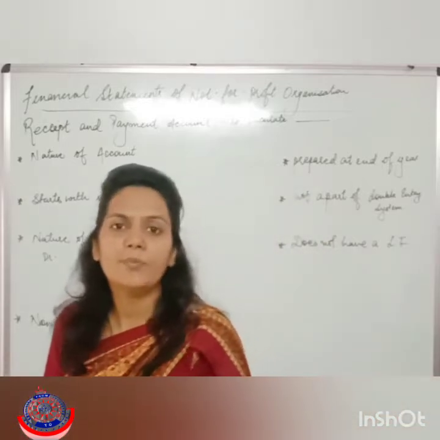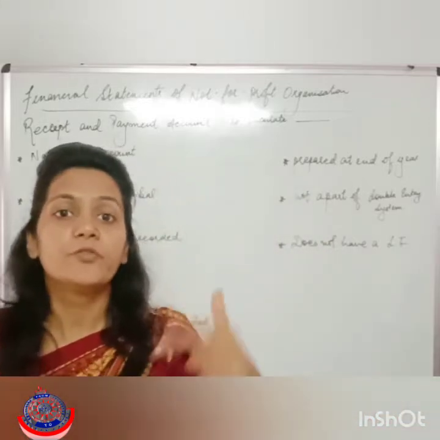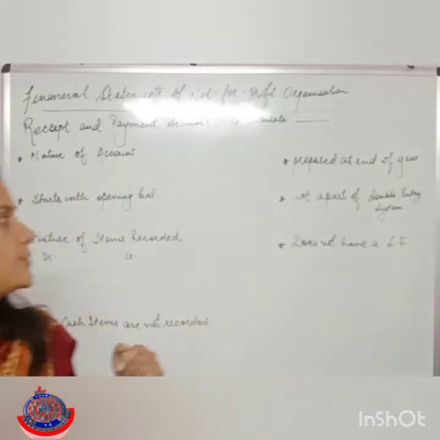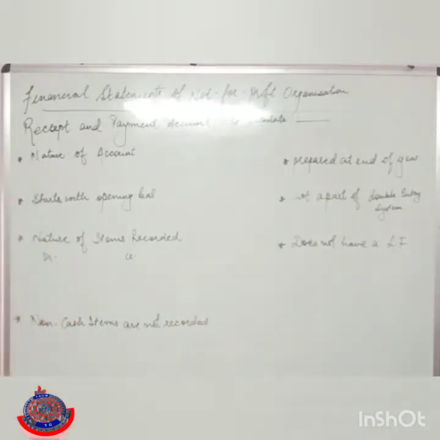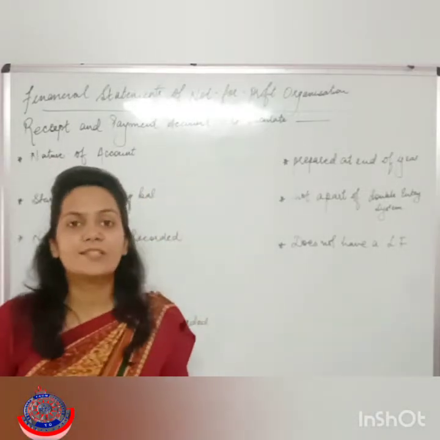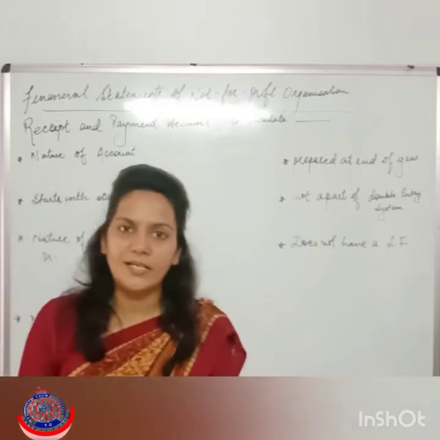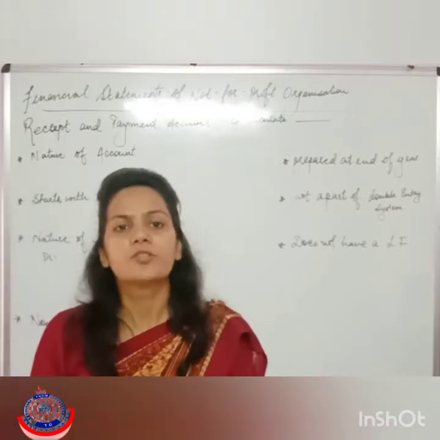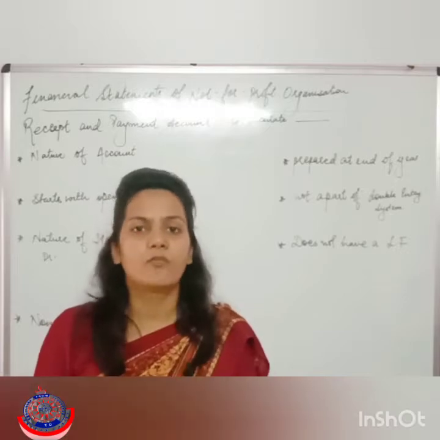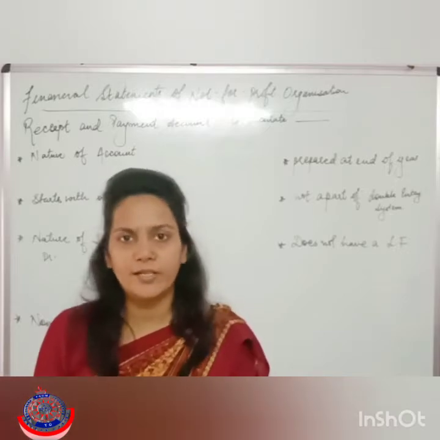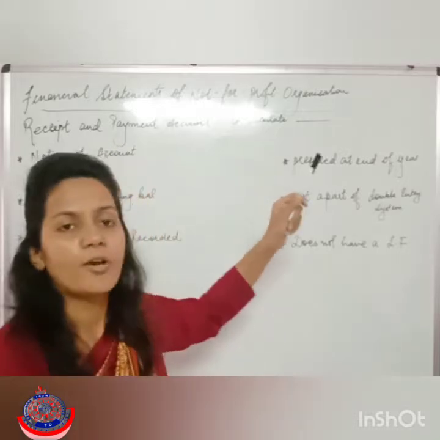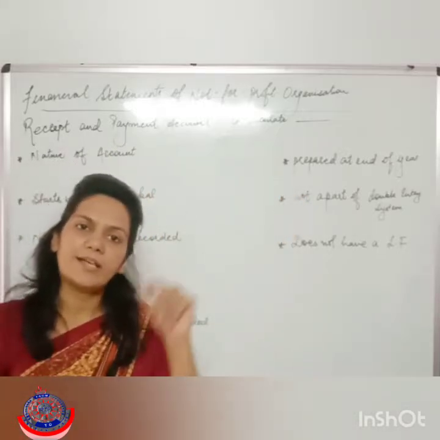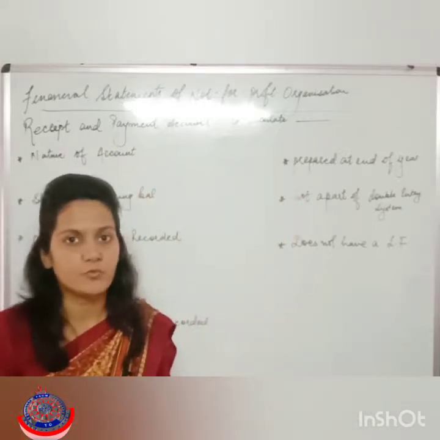It means on a daily basis you were preparing the cash book, if you remember, right? But the receipt and payment account is prepared at the end of the financial year. Just like the trading account and P&L account, we prepare the receipt and payment account on 31st of March, the day on which our financial year ends. So this is the first point of distinction between the cash book and the receipt and payment account.